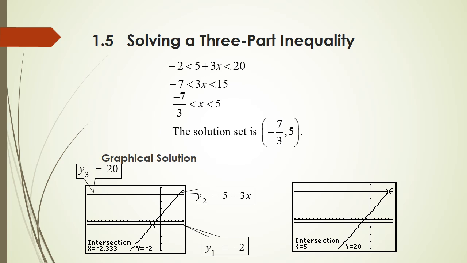In the first graph on the left, you see that the intersection of negative 2 and 5 plus 3x is at x equals negative 2.33, or negative 2 1/3, which, by the way, is negative 7/3. And then on the right, we're finding the intersection of 5 plus 3x with y equals 20. If you look at the bottom of the screen on the right, you see that the intersection does indeed occur at x equals 5.